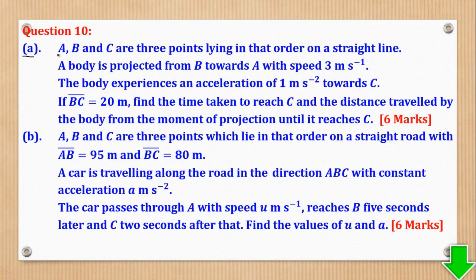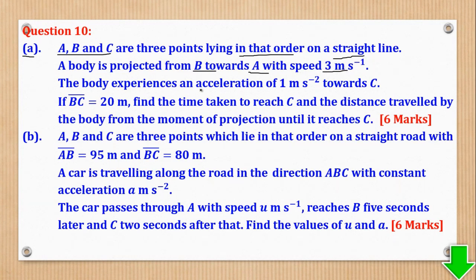So part A says A, B, and C are 3 points lying in that order on a straight line. A body is projected from B towards A with a speed of 3 meters per second.